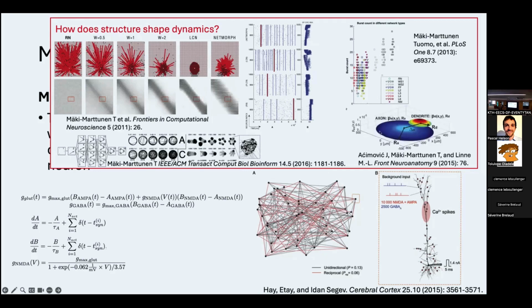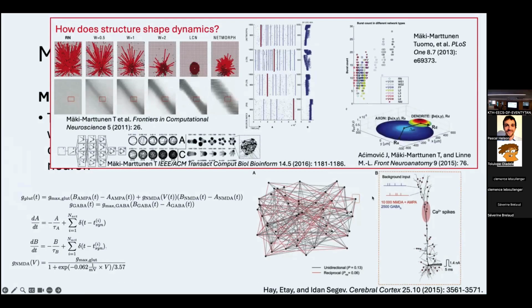And also in collaboration with Yugoslav Acimovic, we studied how the morphology of neurons affects the connectivity when you place the neurons on a two-dimensional geometry and then let them randomly connect to each other by means of their morphology.